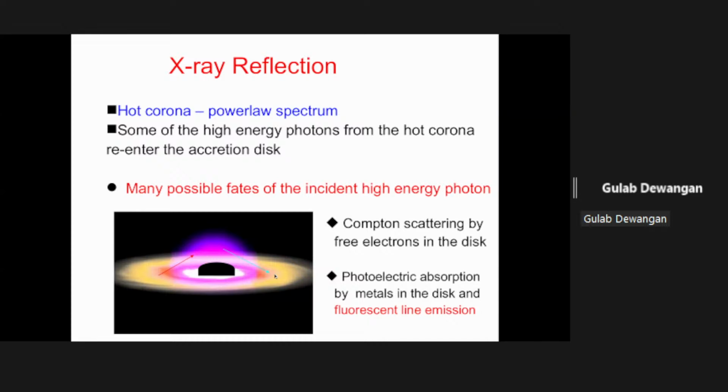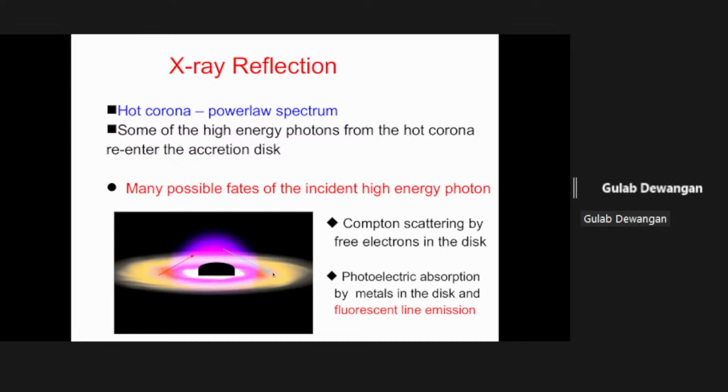That means maybe hydrogen is ionized, some helium may be ionized, but the heavier elements are not fully ionized. At least maybe the outer electrons are removed, but there are electrons bound to heavier elements. So you can consider the disk a partially ionized material, and it is optically thick.